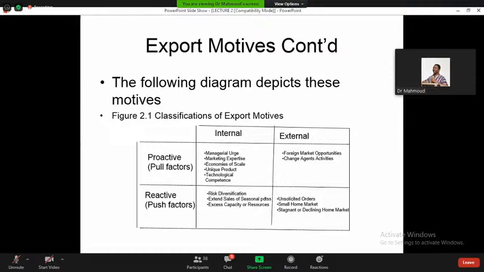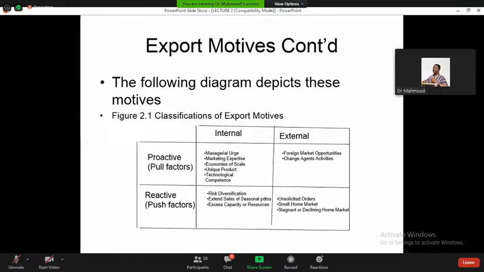The internal factors are within the firm, and the external factors are outside the firm. And you can be proactive towards it, or you are reactive. Proactive means that you are taking initiative before you allow events to overtake you. Reactive means that things have happened in the environment and you are now trying to react to it.